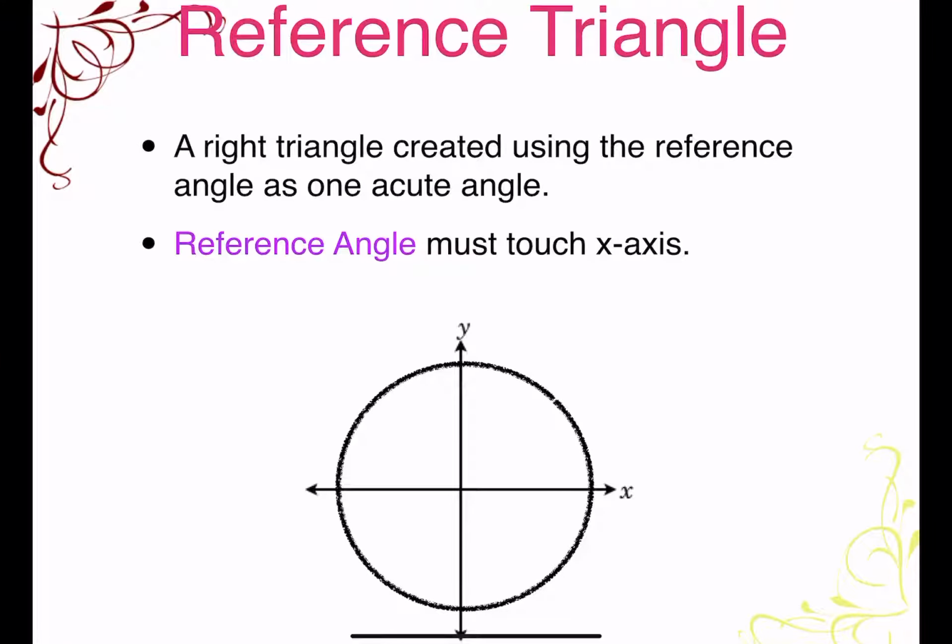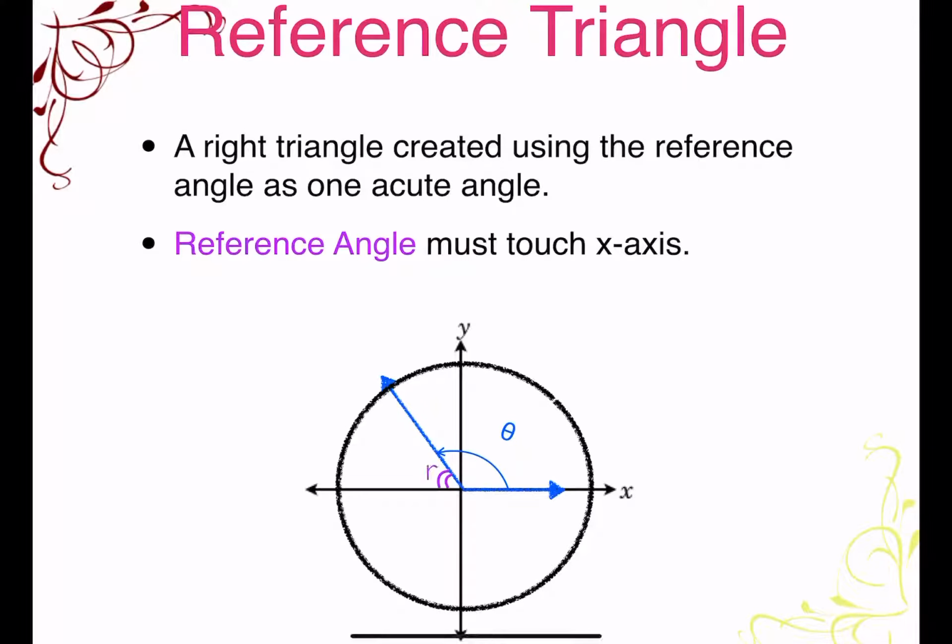Okay, so a reference triangle is just a right triangle created using the reference angle as one acute angle. And the reference angle here has to touch the x-axis. So if I sketch in an angle theta, the reference angle is again the acute angle that's formed between theta and the x-axis.